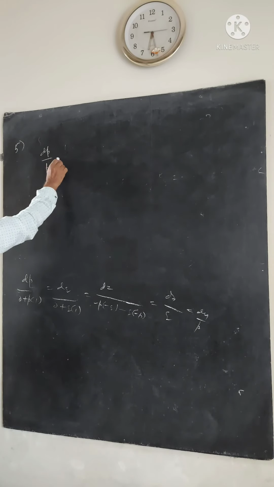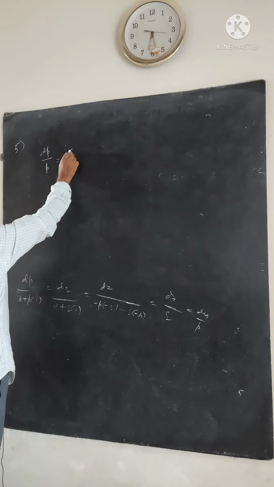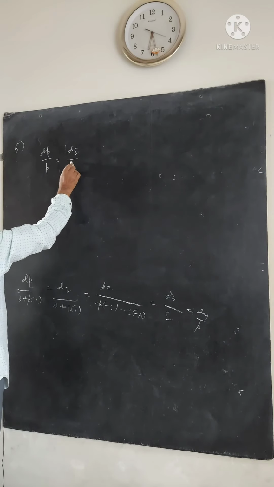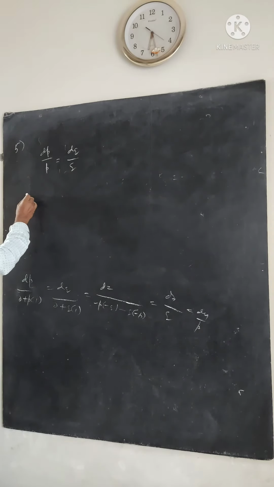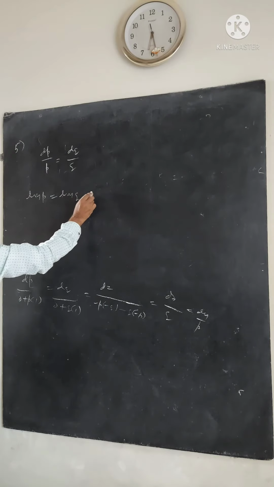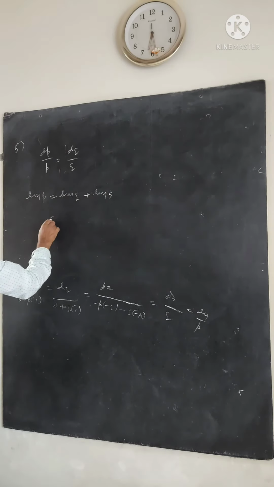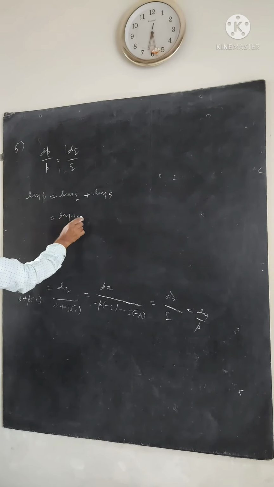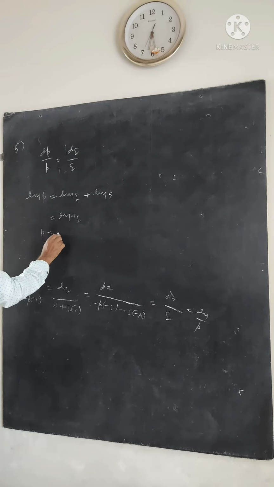Taking the first two equations, dp by p equal to dq by q. Integrating, log p equal to log q plus log a, so p equal to aq.